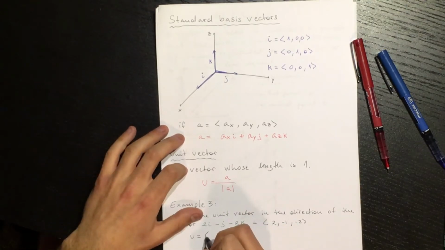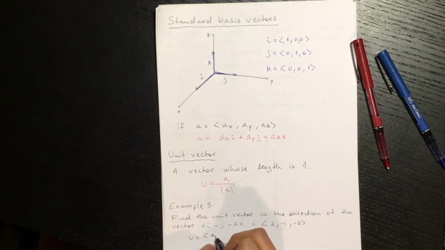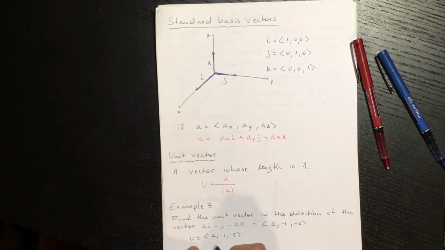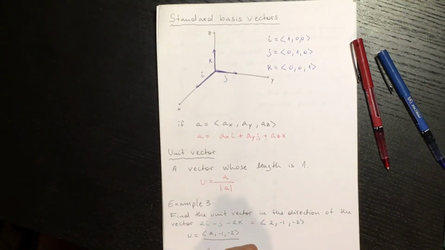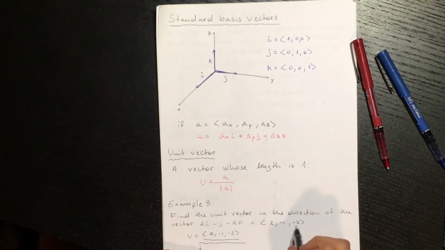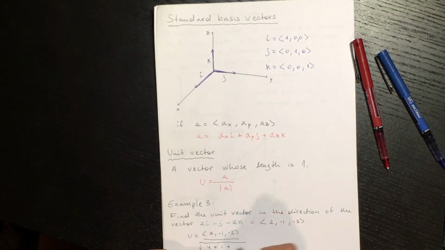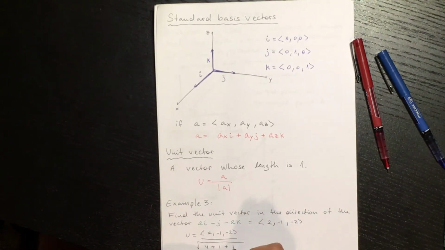So at the end, u is going to be the vector divided by its magnitude. So, the square root of each component squared: 2 squared is 4, plus -1 squared is 1, plus -2 squared is 4.